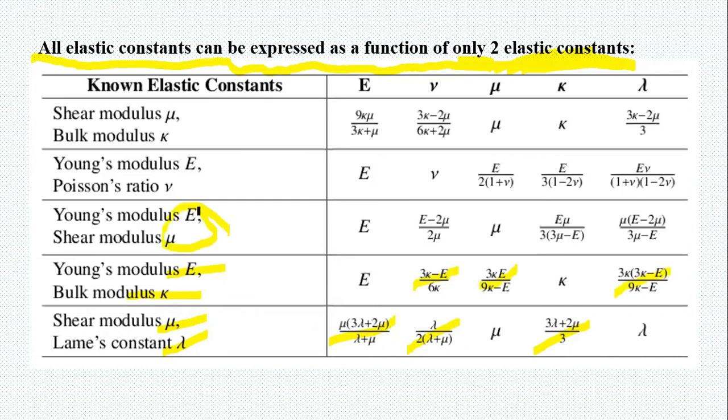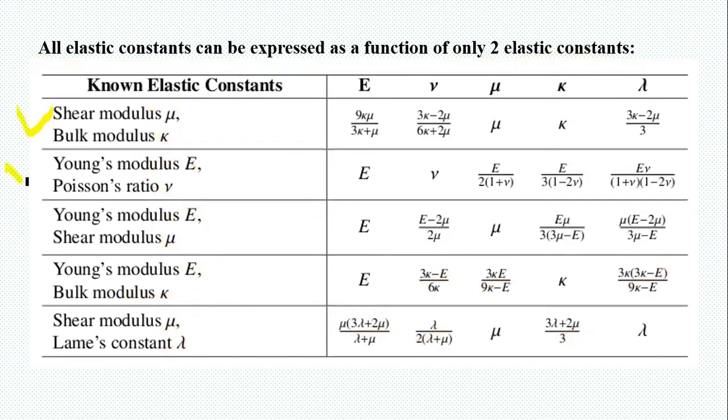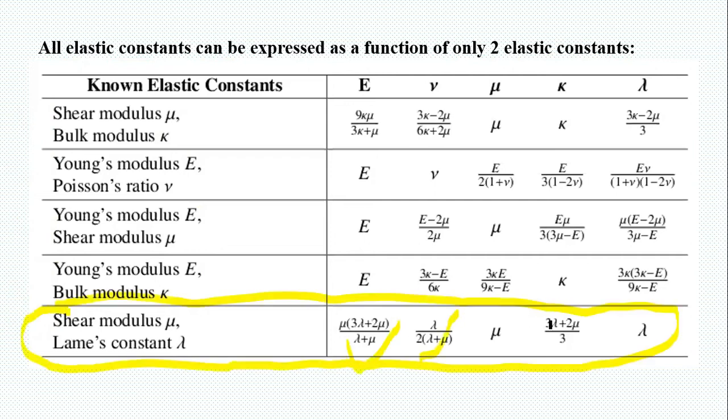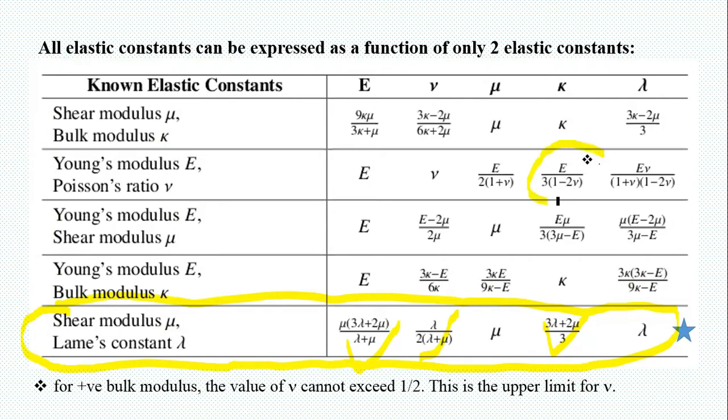So any two elastic constants can help us to determine all the remaining elastic constants. So we can memorize any one set of equations, but preferably we remember these equations where lambda and mu are known.